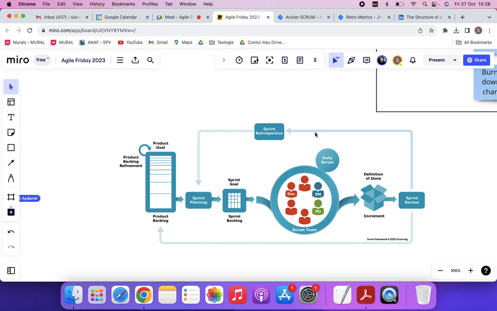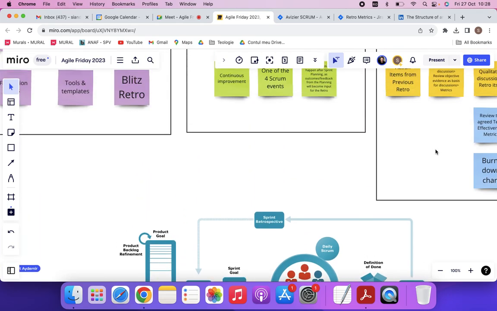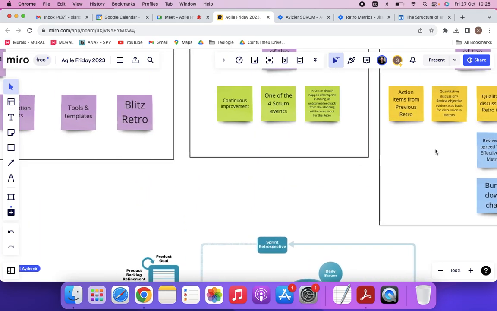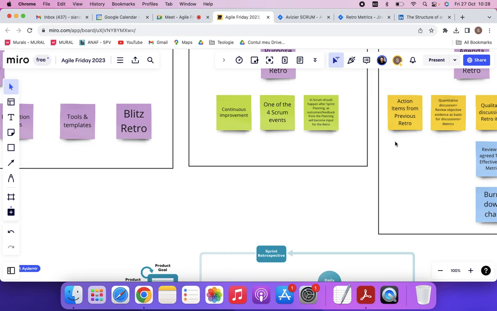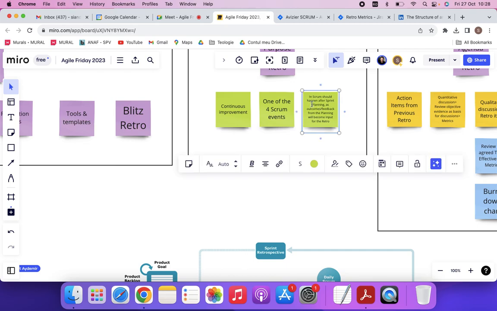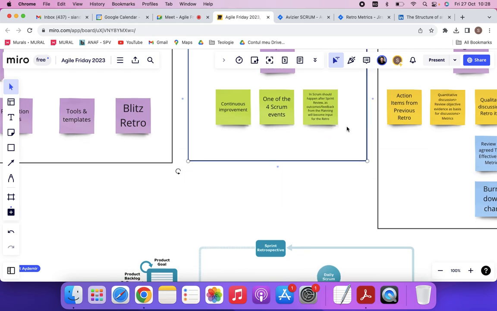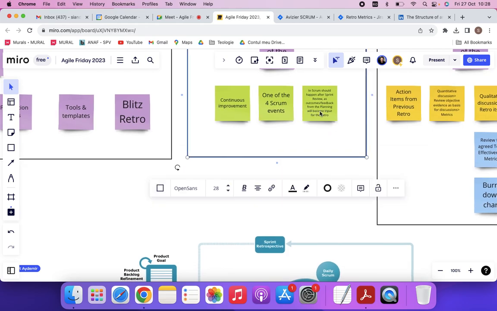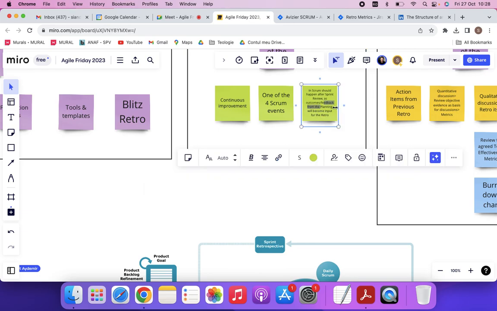The main idea is that the retrospective is for continuous improvement, and it should happen after the sprint review, as the outcomes and the feedback from the review become the input for the retrospective.